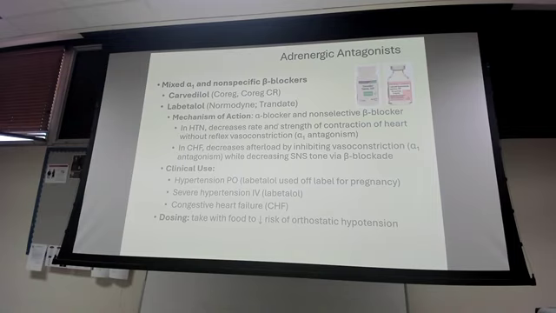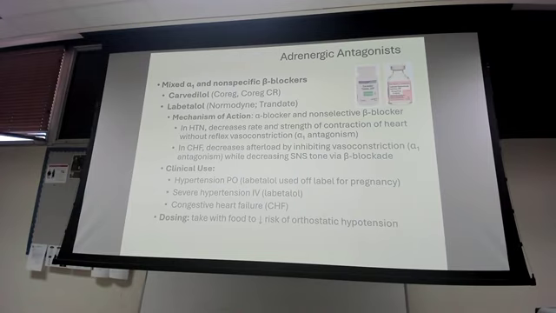So whenever I'm looking at hypertension, I'm going to decrease their blood pressure, is essentially what this is saying. So it decreases the rate and the strength of the contraction of the heart without reflex vasoconstriction. Because I don't have that vasoconstriction now, because remember, I am an alpha blocker, I'm stopping that from happening, I can now just work on decreasing my blood pressure.